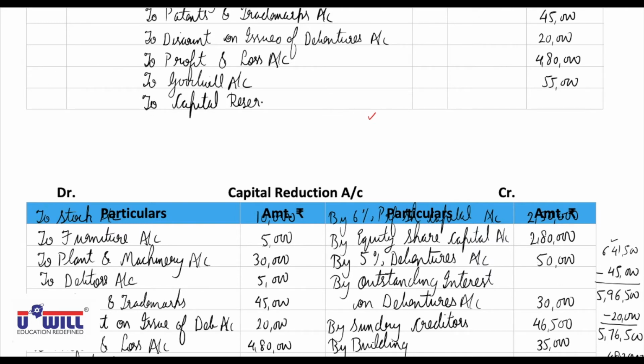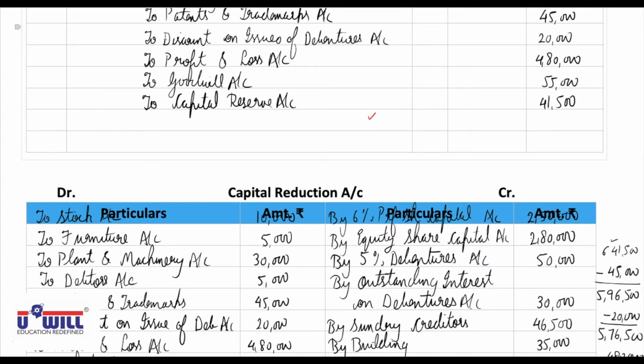So this procedure must be done in the calculator. All of you do the credit side total of capital reduction account minus the debit side total, and keep finding the balance after writing off every amount so that you know how much balance is still remaining. Finally, any surplus left must be transferred to capital reserve.